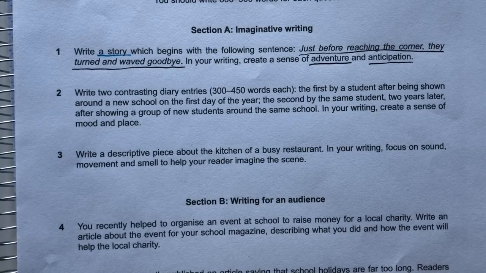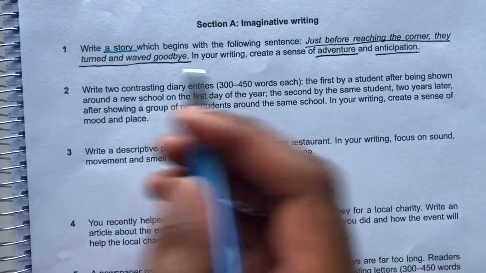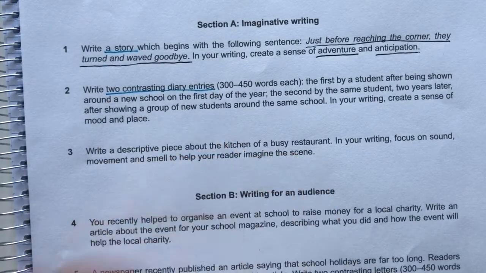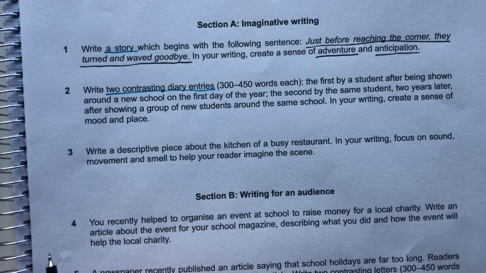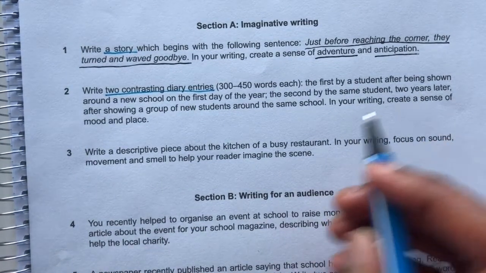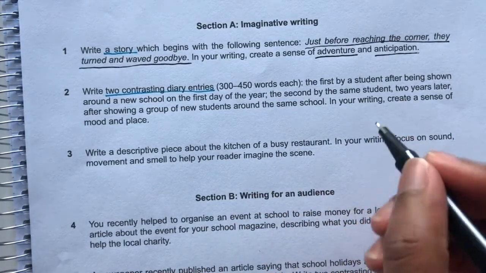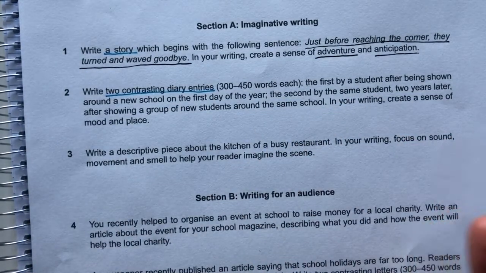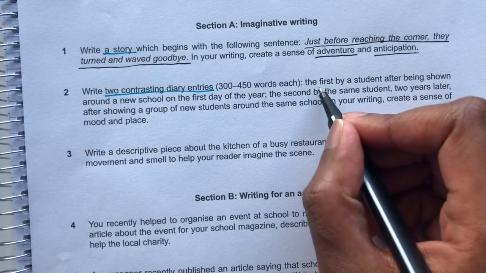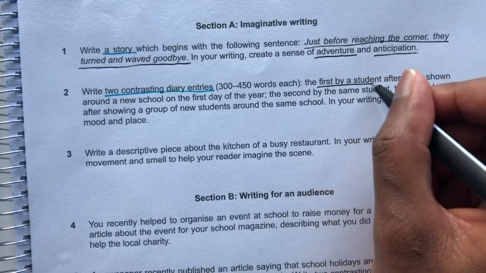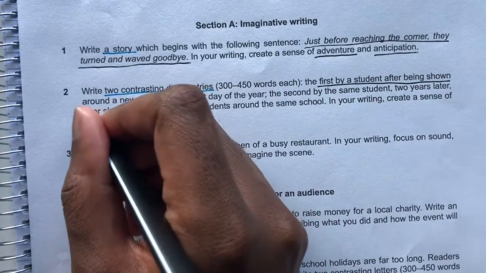Okay, so now again with my highlighting and my color coding. We're looking for 2 contrasting diary entries. Contrasting diary entries, that's what I'll put in blue. And the additional requirements that I must meet are, the first entry is by a student being shown around a new school.